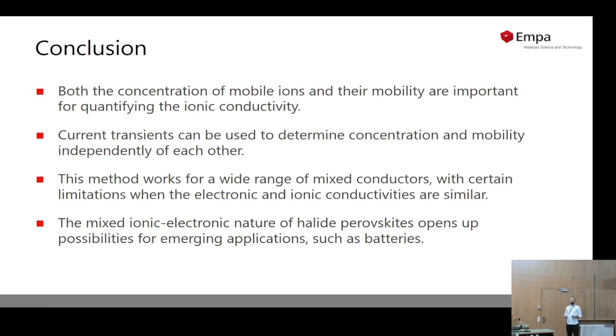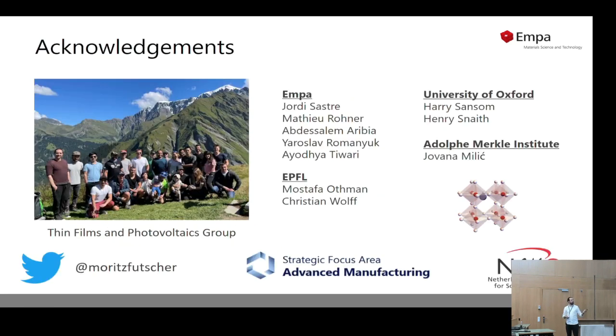I showed you that this works for a wide range of materials, although we have to be very careful in perovskites, as we know that the electrons and the ions interact strongly with each other, and as soon as the conductivities are similar, such simple methods as shown here don't work as easily anymore, and we definitely have to also use simulation to understand this better.